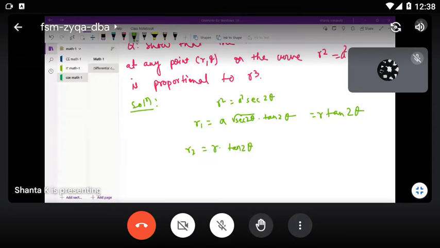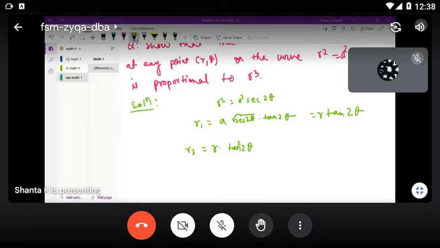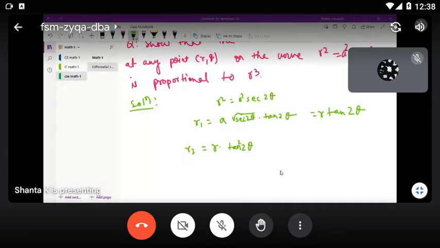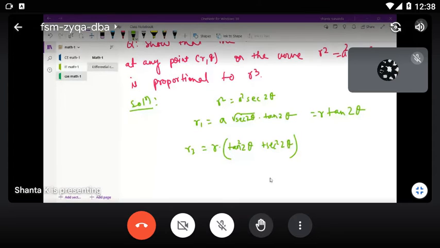No, ma'am. R into whole into 2 plus 3 tan square 2 theta. I'm getting r into tan square 2 theta plus secant square 2 theta. And is it 2 plus 3 if you break it? If you reduce it, whether you are getting the same thing: tan square 2 theta plus 2 sec square 2 theta.